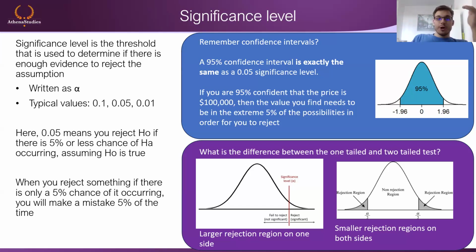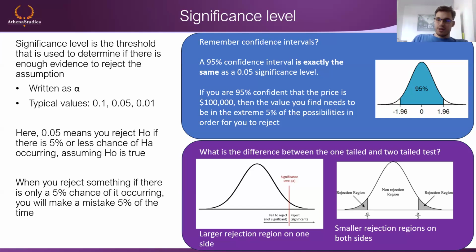But yeah. In the case that we have some value of significance level, so let's say it's 0.05, that is the same thing as having a 95% confidence interval.